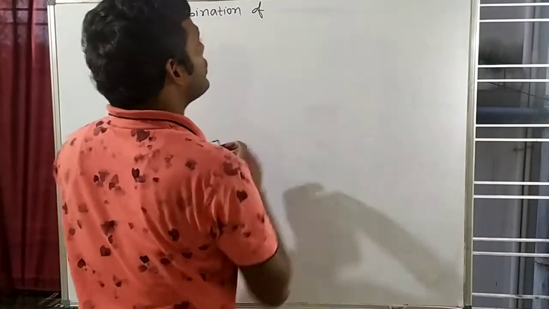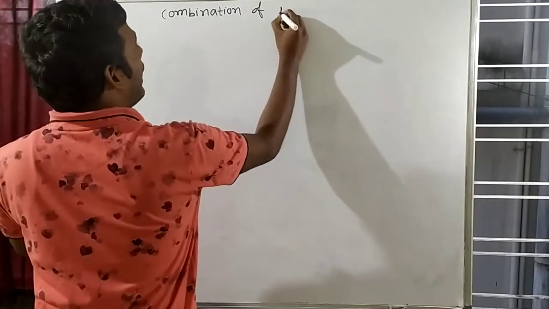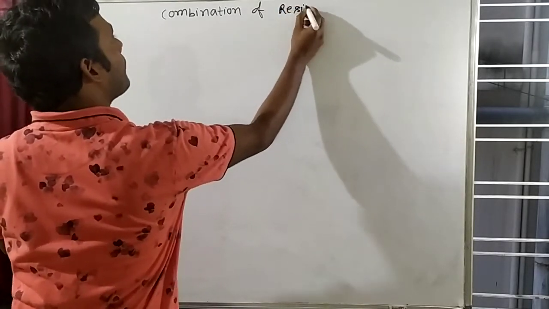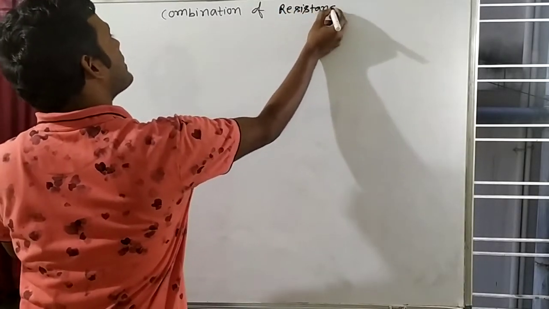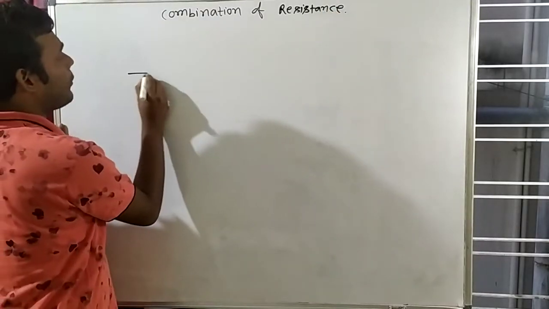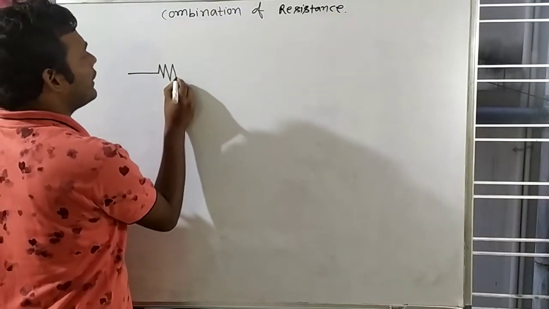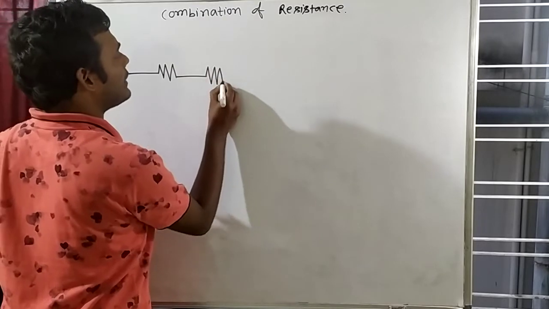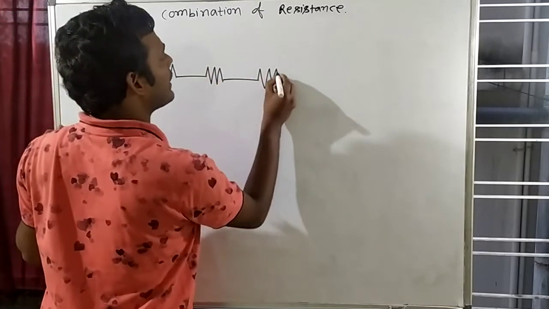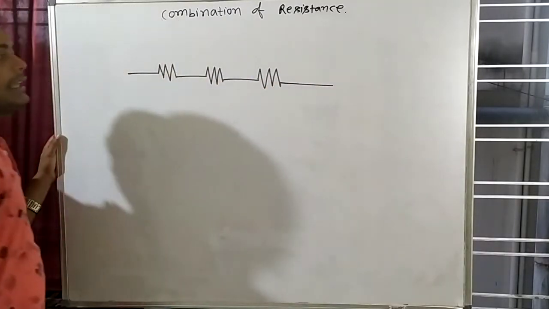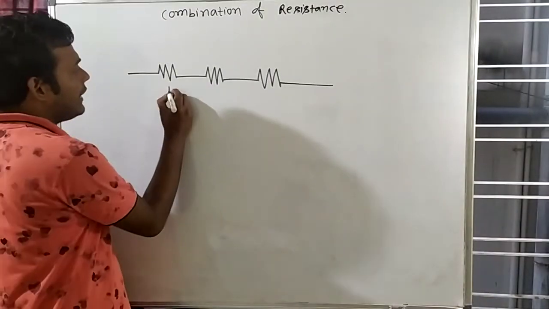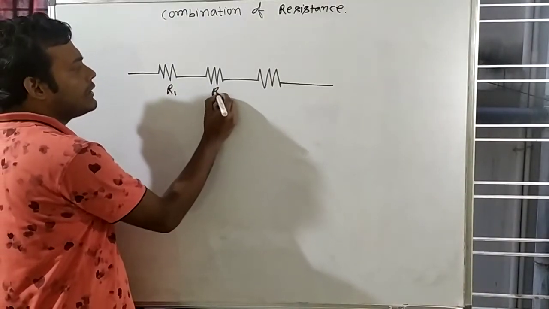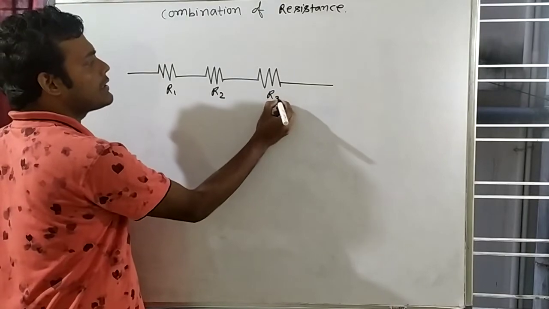Combination of resistance you all know from class 10. Suppose three resistors are connected in series, and let's say this resistance is R1, this resistance is R2, and this resistance is R3.